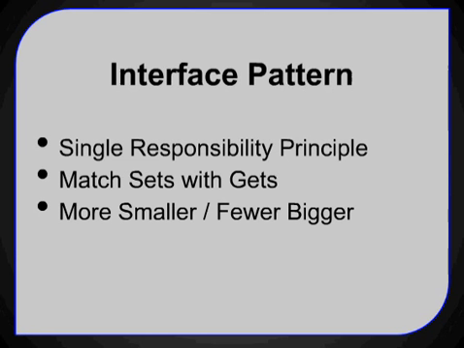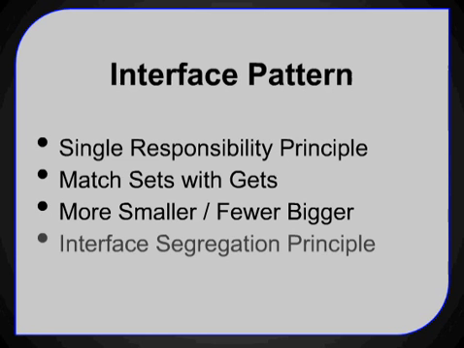It's a lot easier to mock out or stub out a smaller interface than a larger interface. It's a lot easier to test in general, as we said at the beginning, more tightly focused smaller methods than a ginormous monster method that's doing 8 things. So we want more smaller and we want fewer bigger.